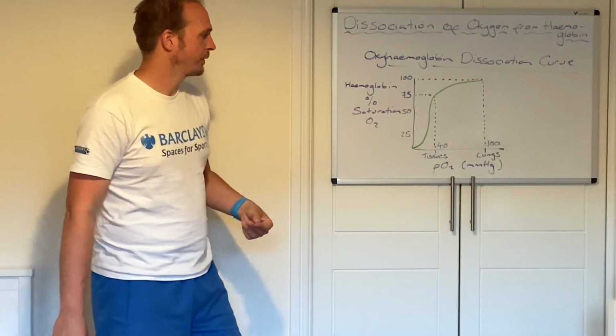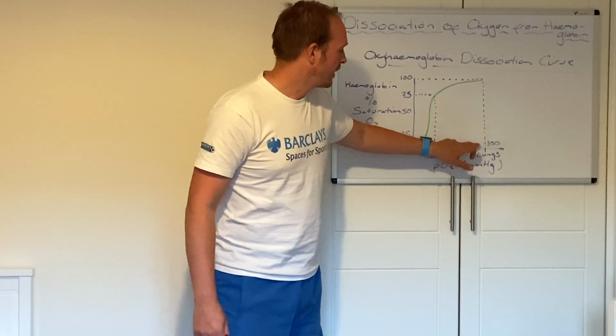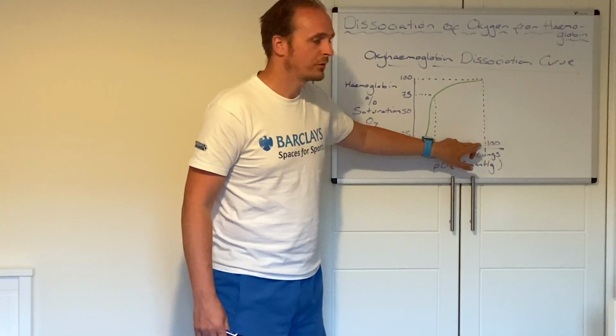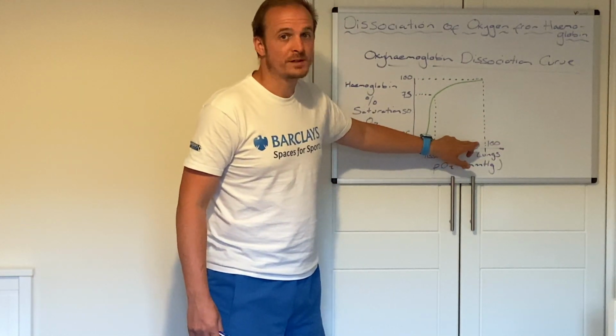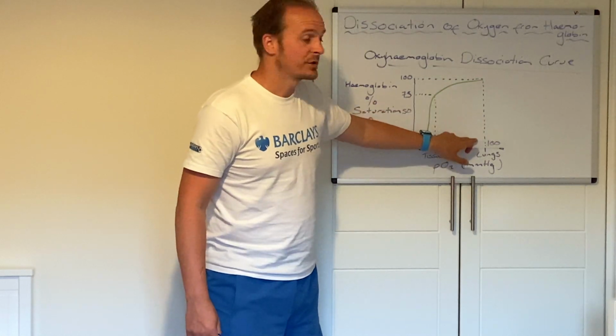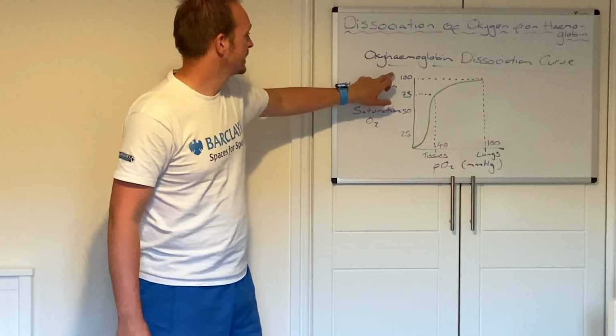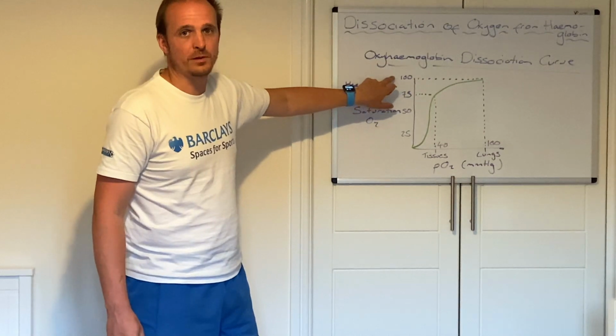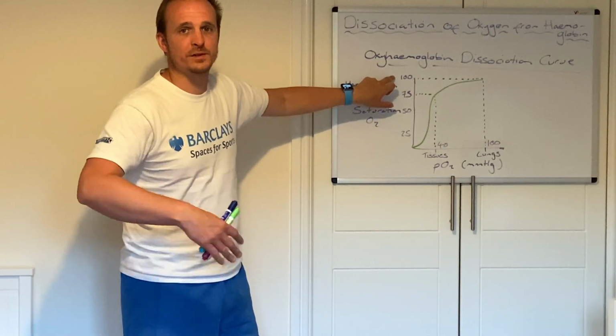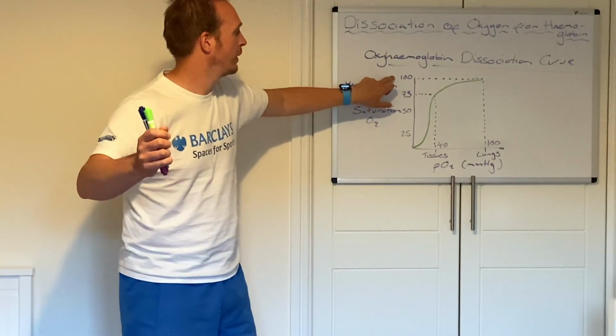Okay, so let's just run through that again. So we've got a high partial pressure of oxygen. So for example in the lungs, in the alveoli, which is 100, you'll have 100% saturation of haemoglobin with oxygen, so all the haemoglobin is still clinging to its oxygen, it's not giving any of it away.